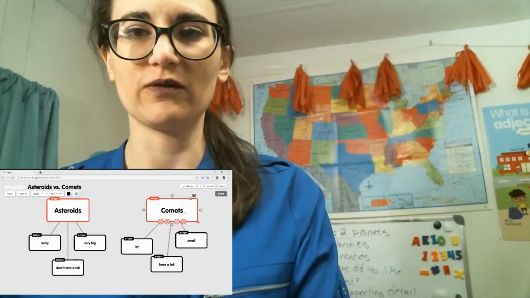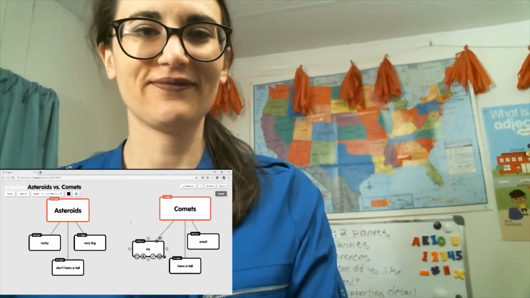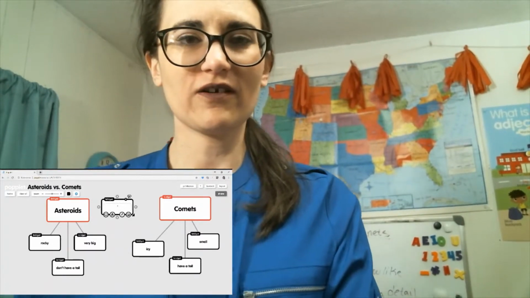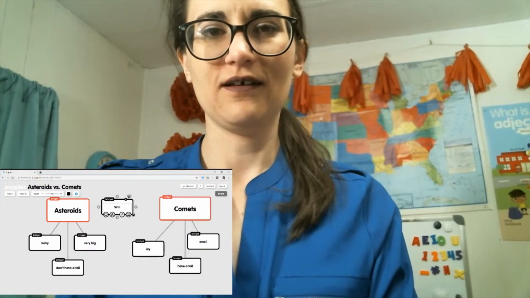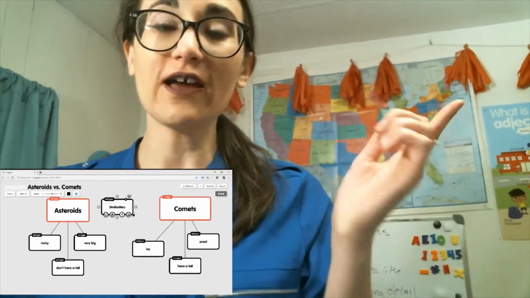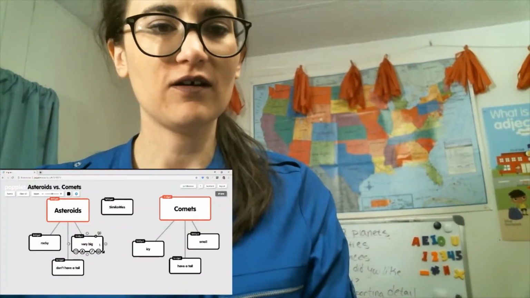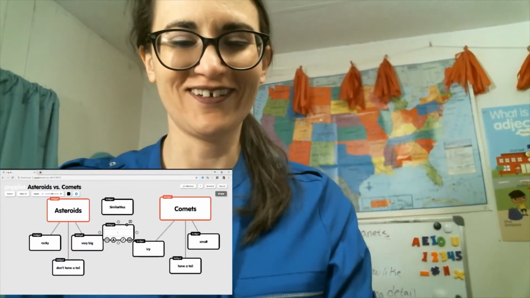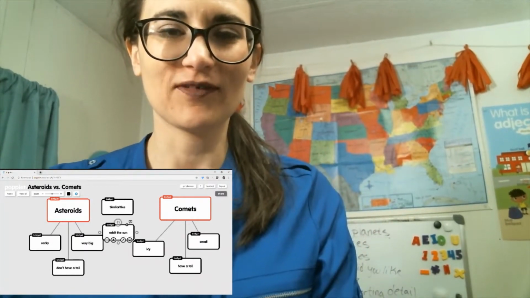I'm going to zoom out a little bit here. Move this around a little bit. What ways are they the same? Okay, good. They both orbit the sun. Excellent. Okay, it's getting crowded here, right? Orbit the sun. Very good. Okay.